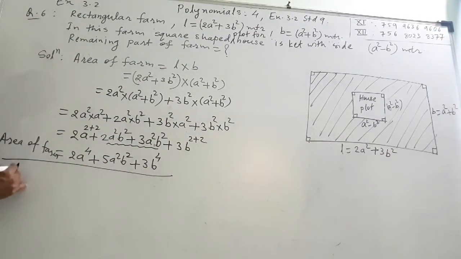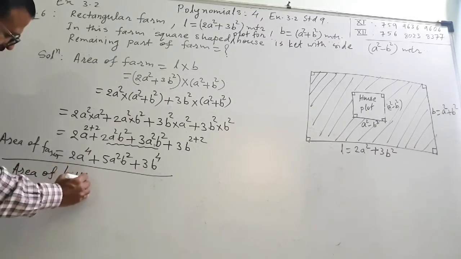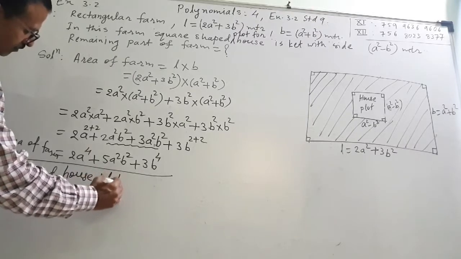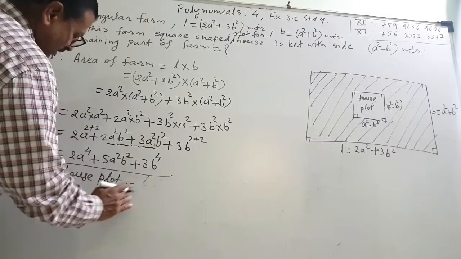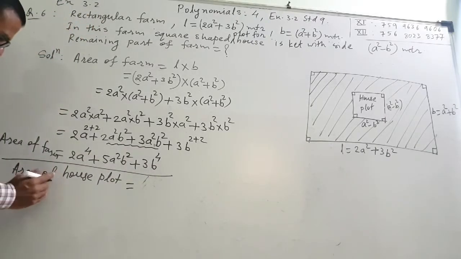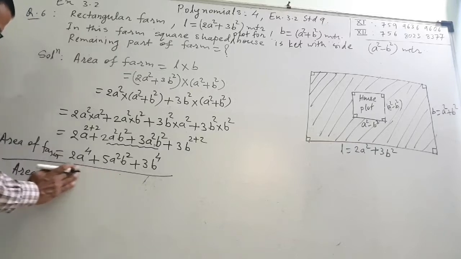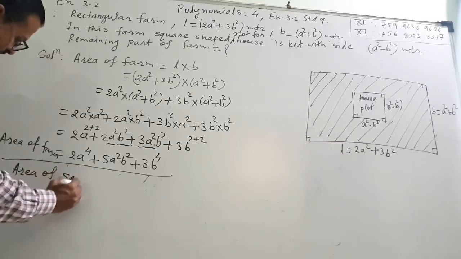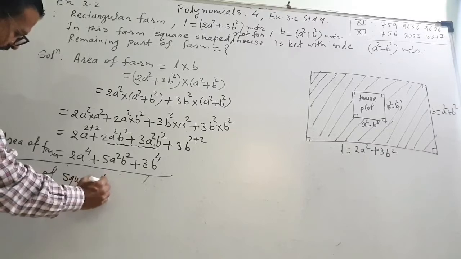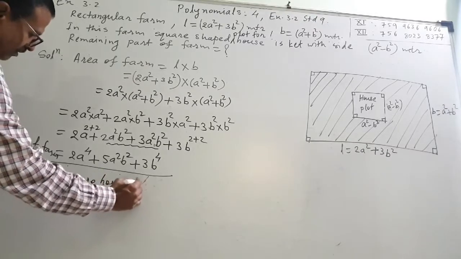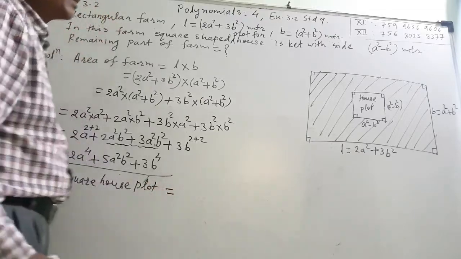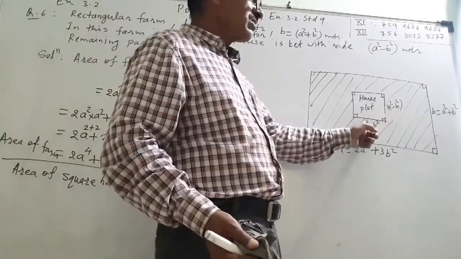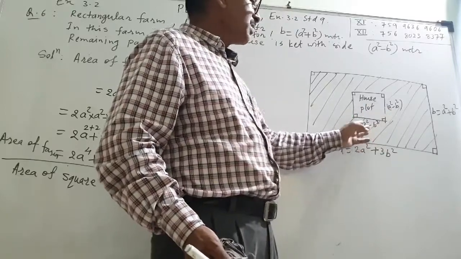Area of house plot. The house plot is a square, so I will write: area of square house plot is equal to length into breadth. This is length and this is also length, they are the same.